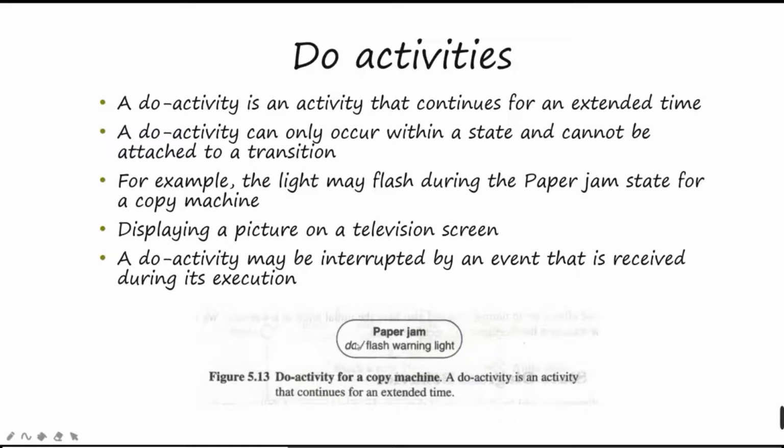It means it will not flash the warning light and it will go to a normal state. Maybe in the normal state, another do activity will be performed. For example, keeps the green light on and so on.